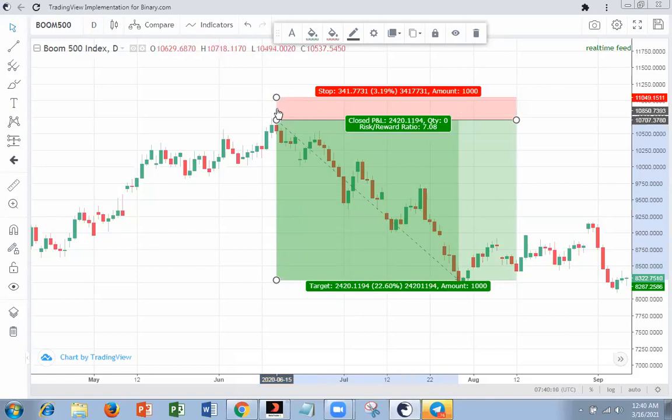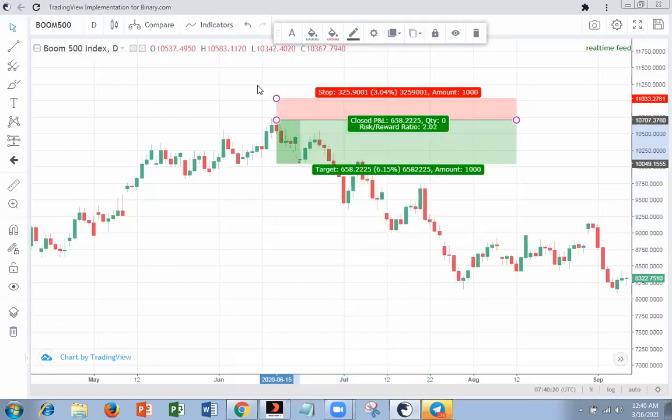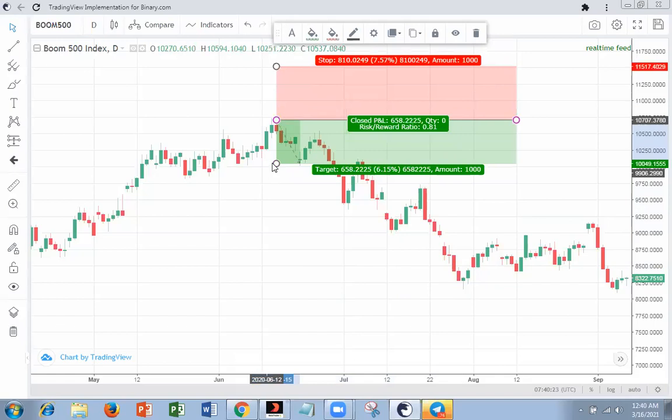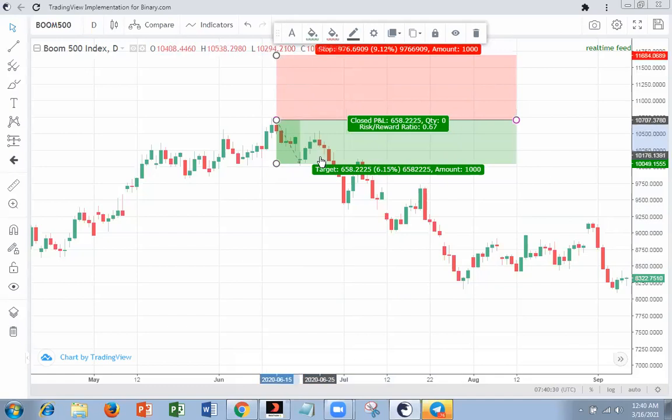Always make sure you are losing little and looking forward to earning more. Don't ever try to win little and risk more. This is why a lot of traders blow their accounts. A lot of traders set their stop loss so high just because they want to get this little thing.